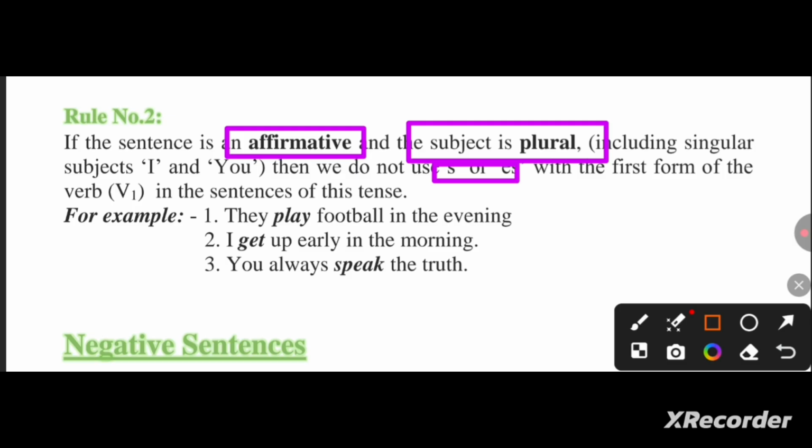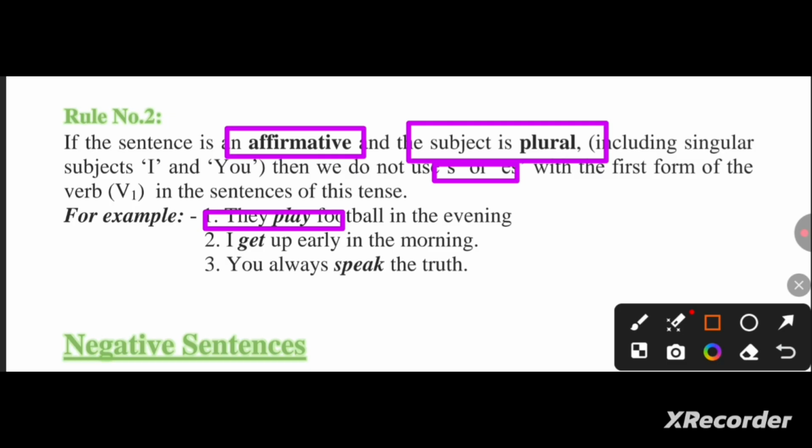We can notice over here, they play football in the evening. Here we have not used any S or ES with the first form of the verb because the subject is plural.